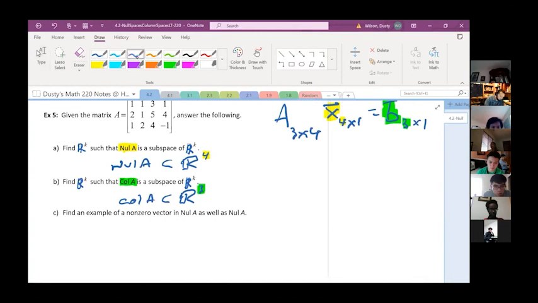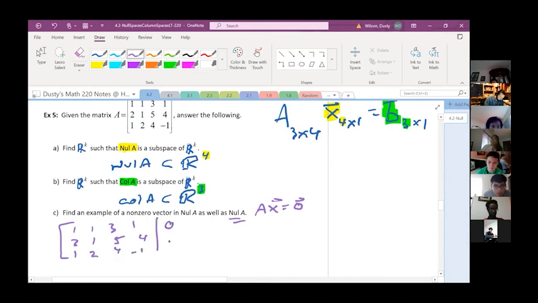So if we're dealing with the null space, then you can always think about this as needing an AX equals 0. And then we can row reduce.